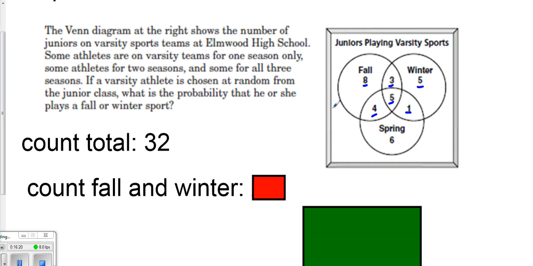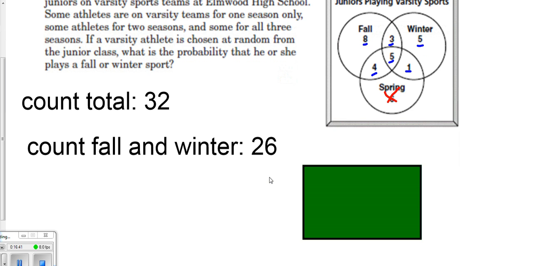The only thing we exclude is this number that's only spring. Because the 4, the 5, and the 1 happen to be still in the fall and the winter circle, we also include those ones, even though those people were also in spring. So when we add all of those up in total, we would get 26.